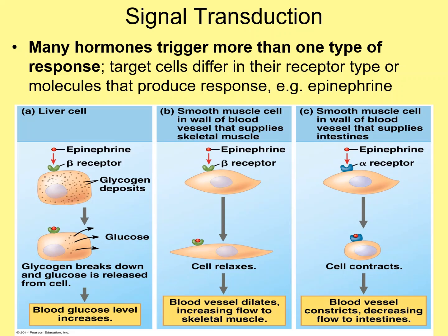So for example, we have the change in liver cells that we already talked about, where binding with epinephrine to the receptor on the surface triggers an enzyme cascade that results in the release of glucose into the bloodstream. So there's your fuel supply for gotta run for my life, gotta fight for my life, right?